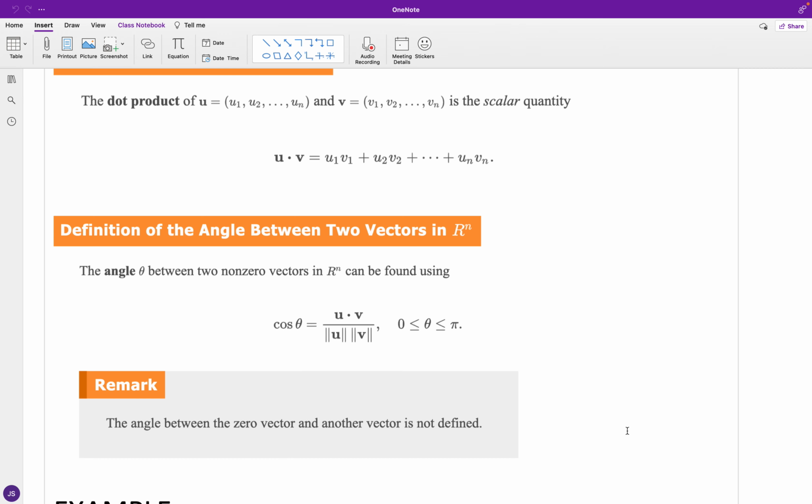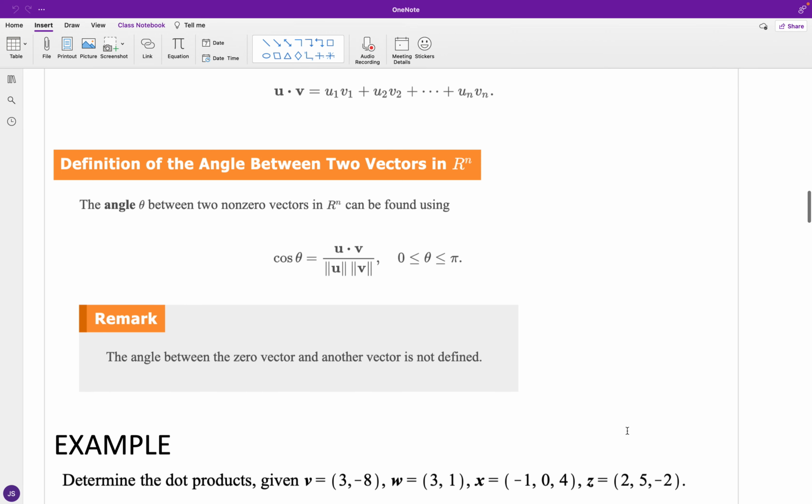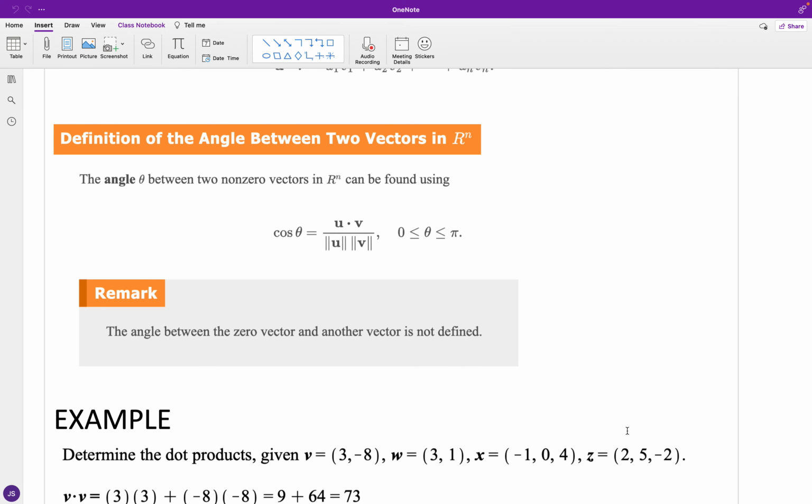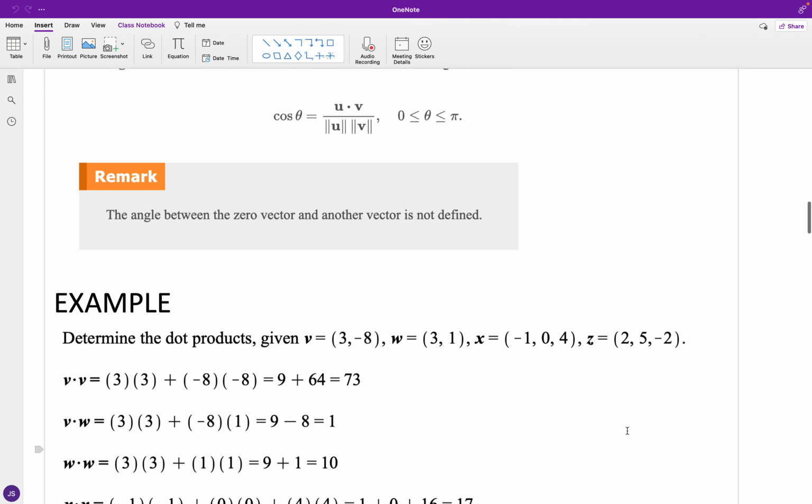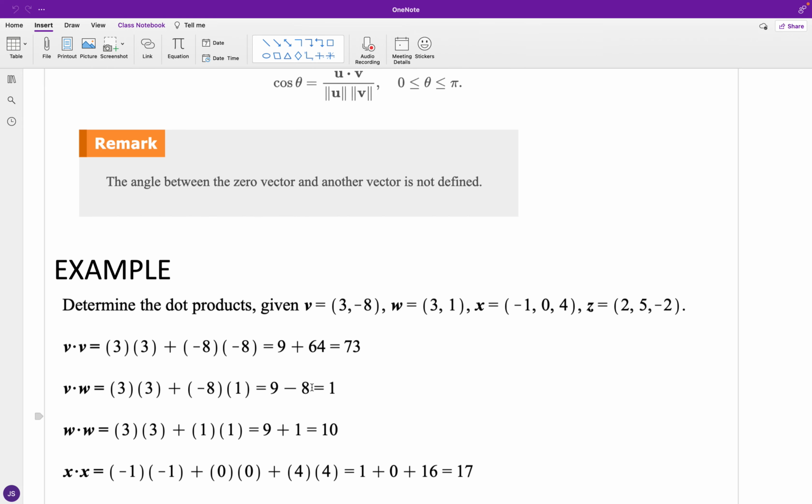Now, looking at dot products, say we have the earlier given vectors v, w, x, and z. Let's say we have the dot product between v and itself, so you're looking at 3, negative 8, 3, negative 8, and so you have 3 times 3 plus negative 8 times negative 8, so the result is 9 plus 64, which comes out to 73.